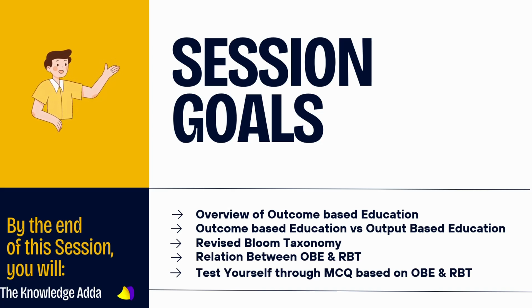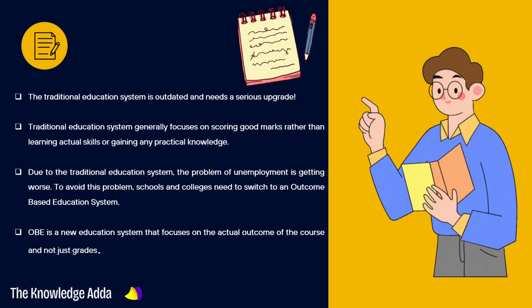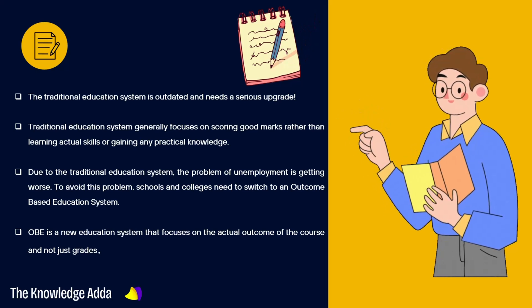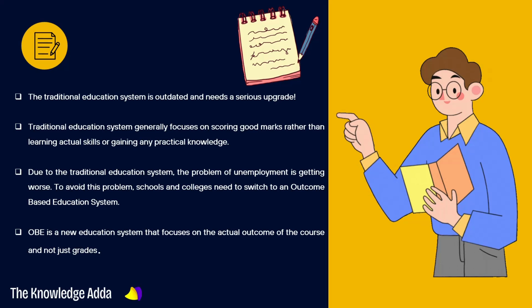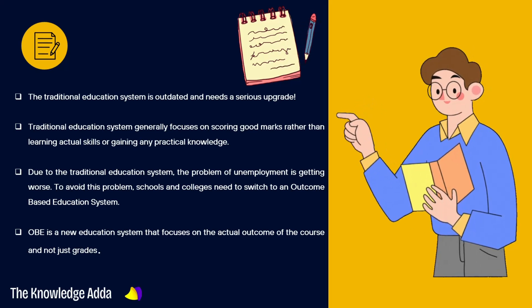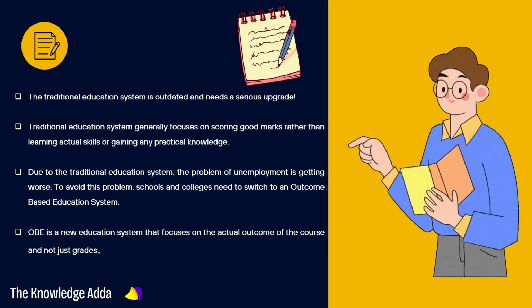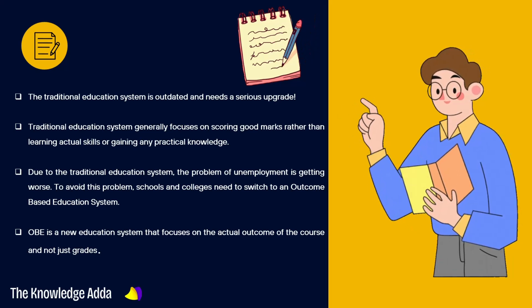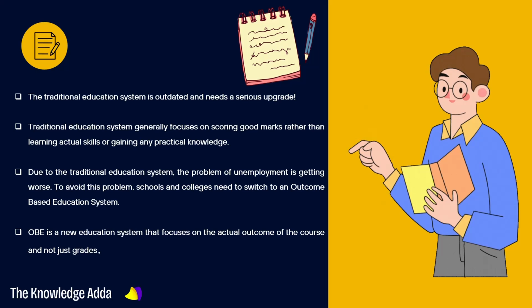So let's start with OBE. Why is OBE required? Basically, the traditional education system is outdated and needs a serious upgrade, because the traditional education system only focuses on scoring good marks.